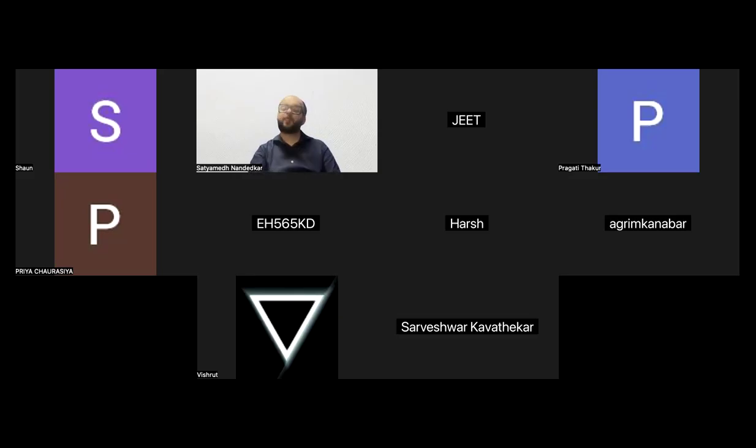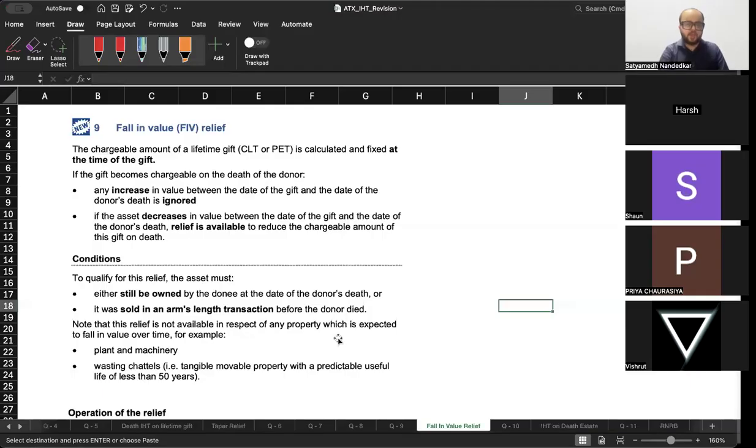Okay, there is a special relief that we calculate in IHT, called the fall in value relief. It is important to know when the fall in value relief applies. The chargeable amount of a lifetime CLT or PET is calculated and fixed at the time of the gift.